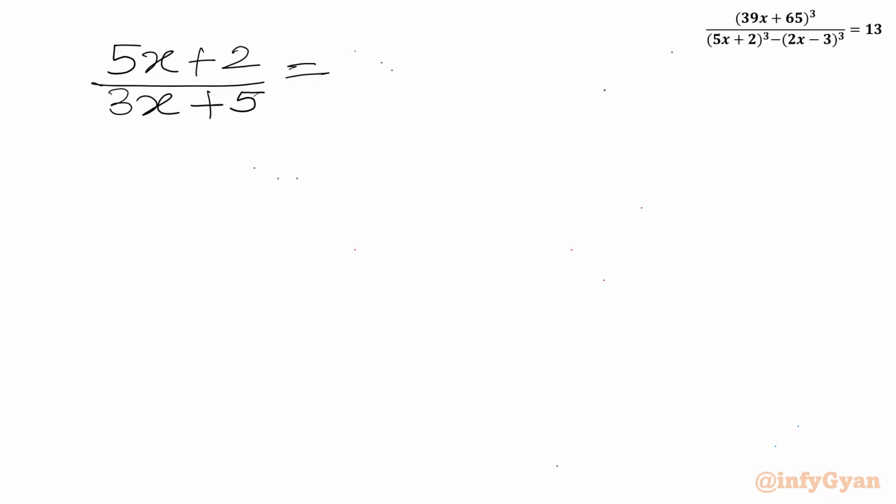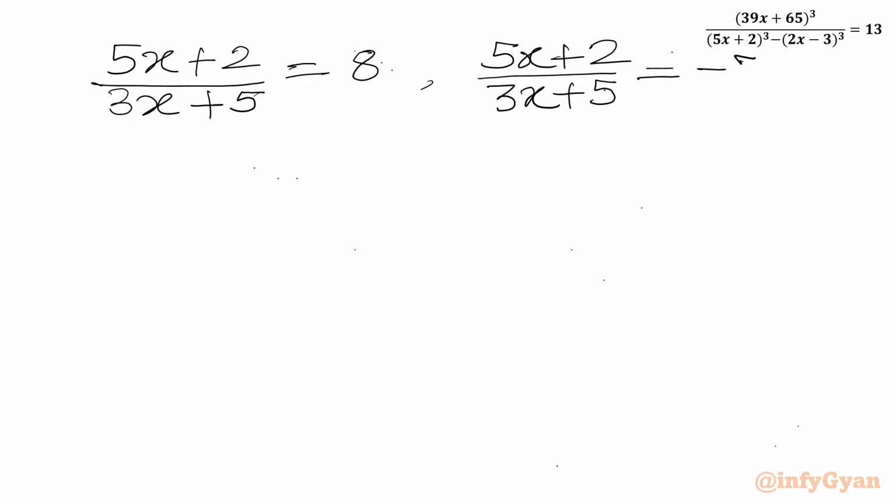This will be equal to 8, and 5x plus 2 over 3x plus 5 equal to negative 7. Let's solve. I will cross multiply. So we can write 5x plus 2 equal to 8 times 3 is 24x, 8 times 5 is 40.